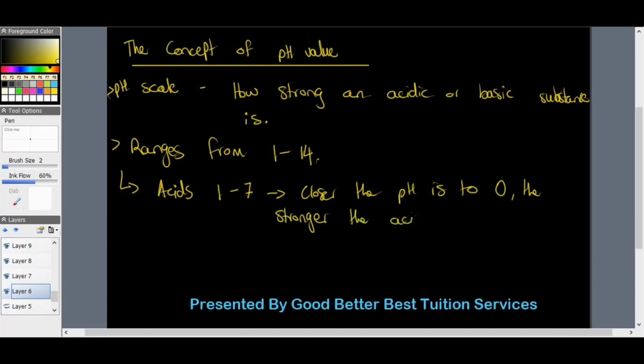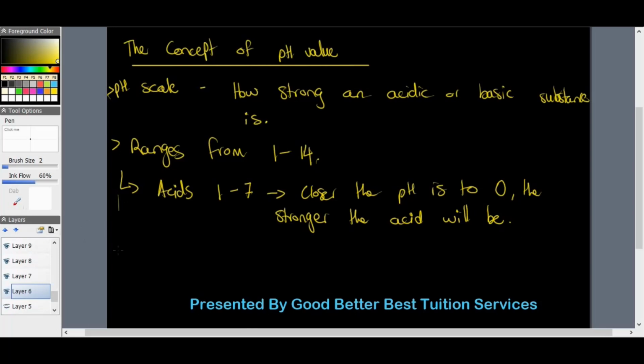So if a pH value is 1, or even 0, that means it's highly acidic. But as it gets closer to 7, it becomes weaker. Strong acids, I would say, have a pH value between 0 and 5, up to 5. Anything closer to 7 is considered a weak acid.